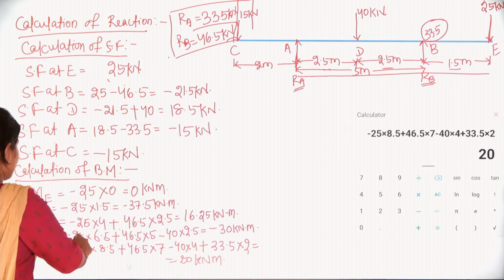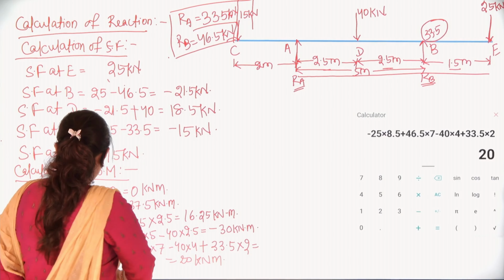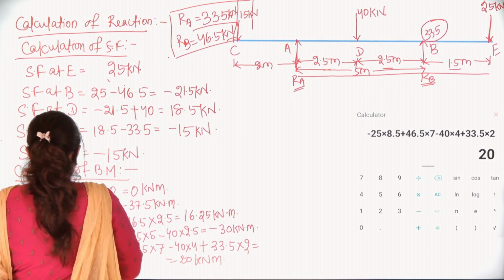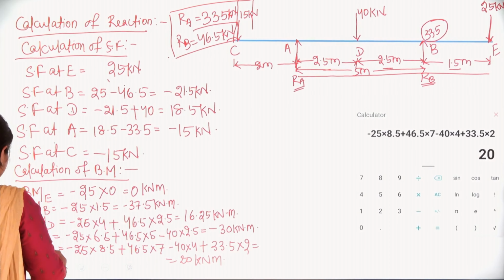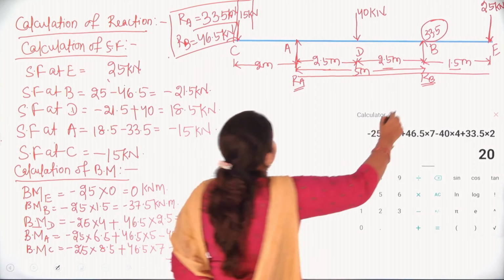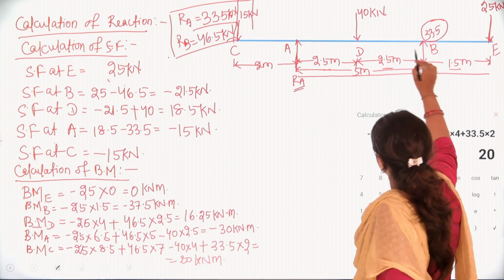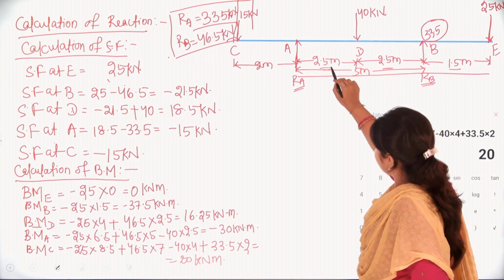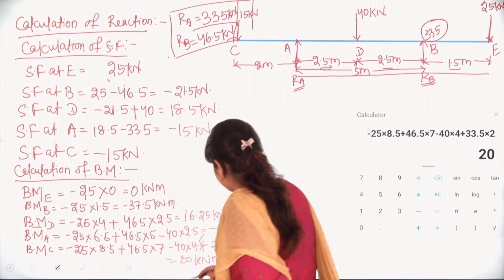Minus 25 into 8.5. So 46.5 will be multiplied with this whole 5 plus 2, again 40 into 2.5, yes, minus 40 into 4.5.